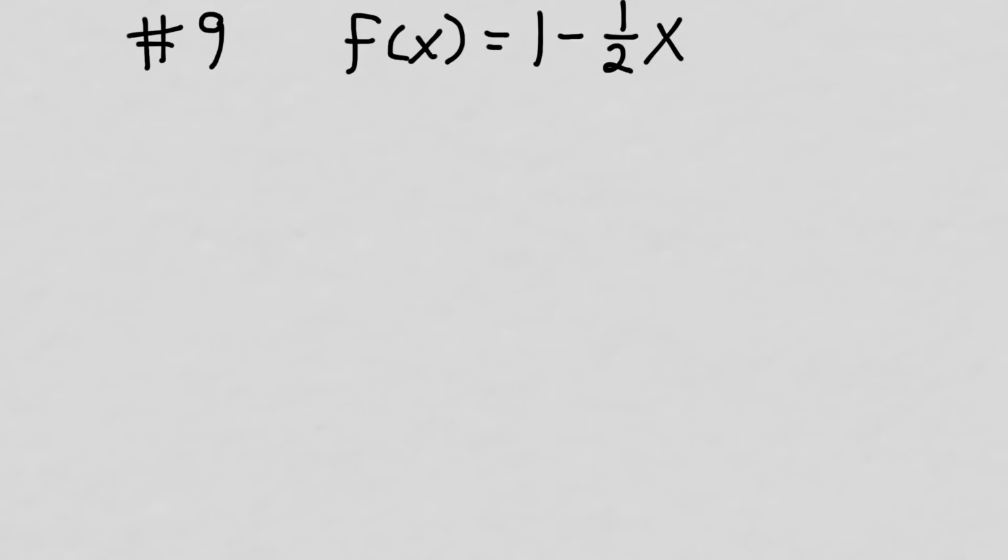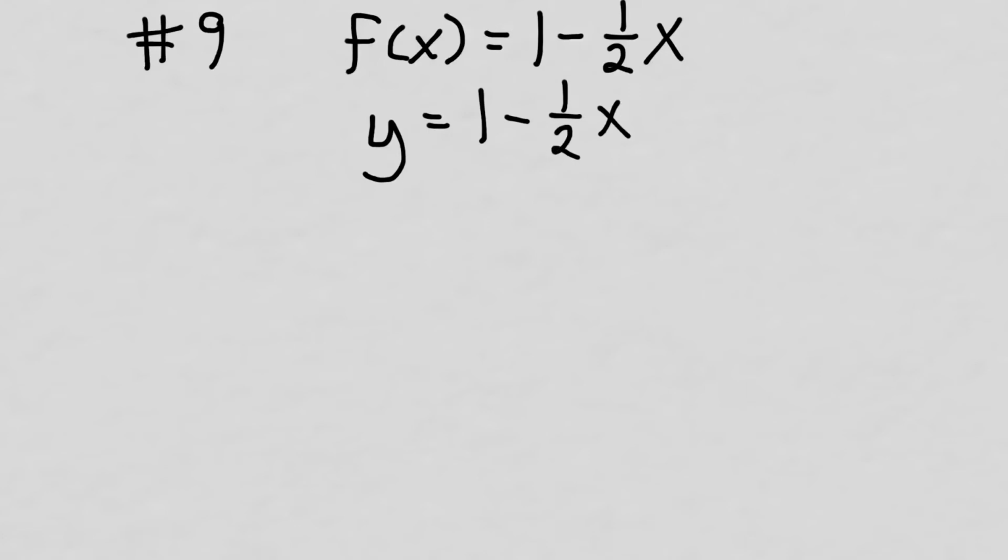All right, this is our third problem of this type, number 9 on your sheet. We're going to find the inverse of f of x equals 1 minus 1/2 x. All right, let's go ahead and set this up. Change the f of x to y. 1 minus 1/2 x.